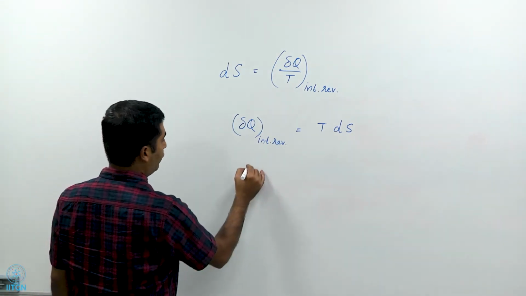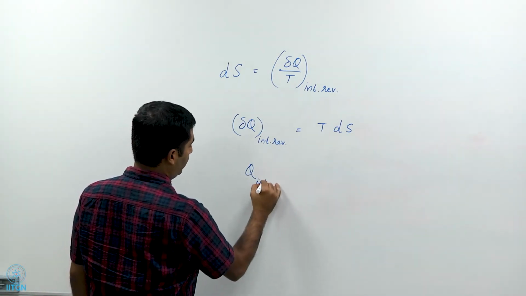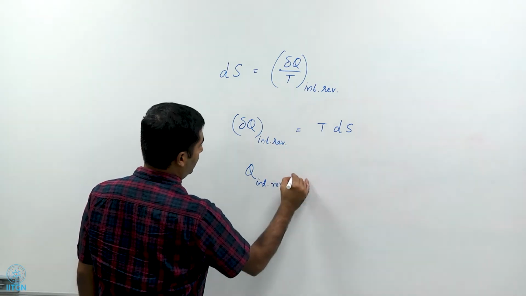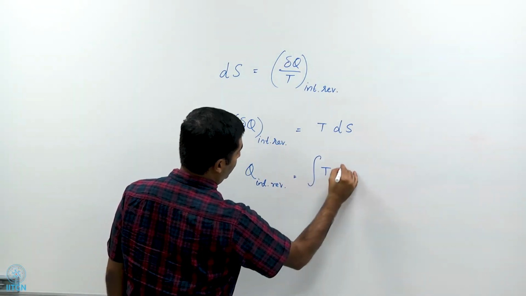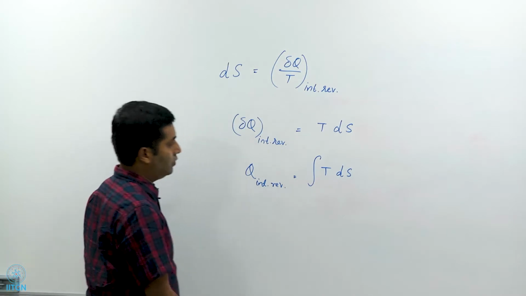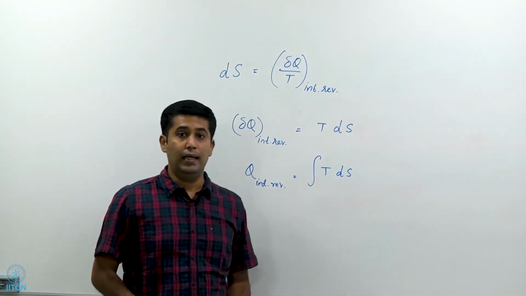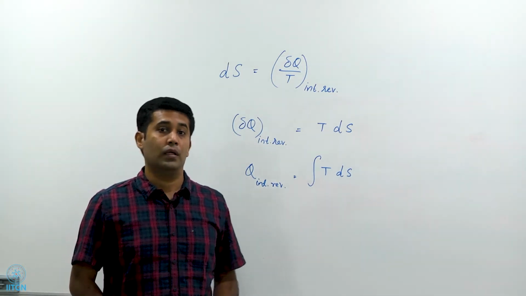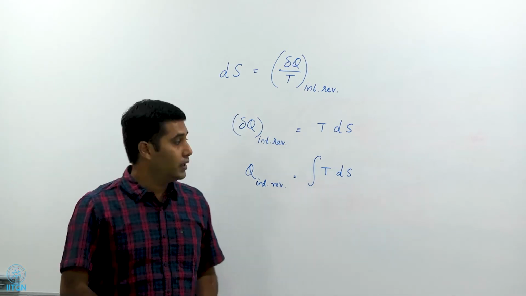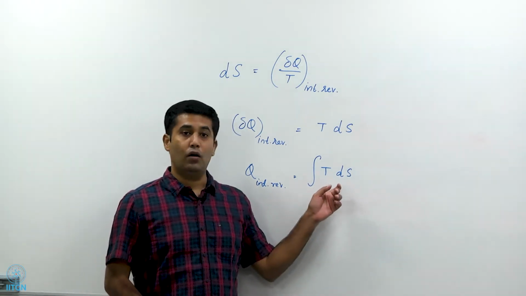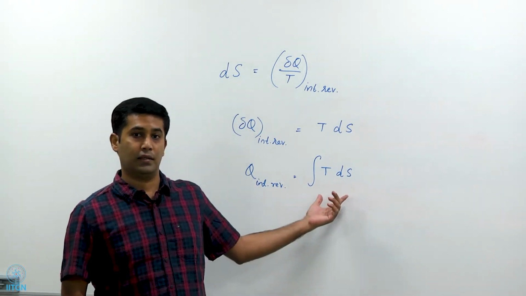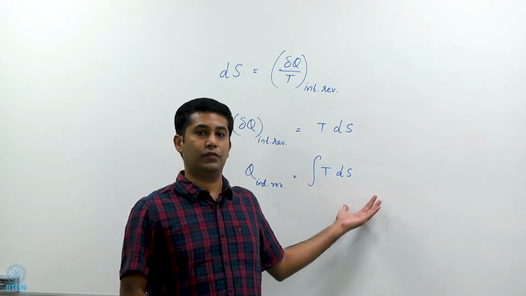And I can therefore write Q internally reversible is the integral of T dS, right? That is, the heat added to a system during a process is equal to the integral of T dS, and this immediately looks like something that we have seen before.